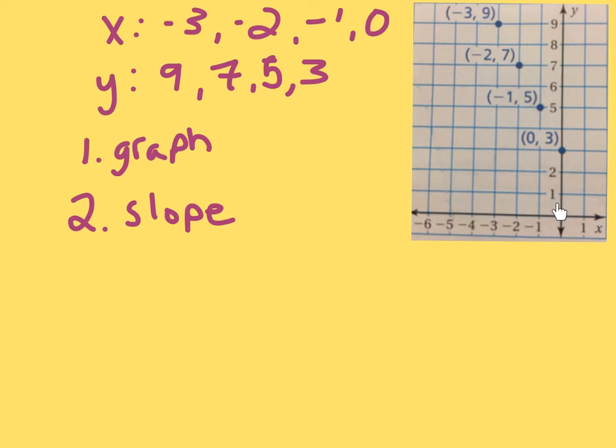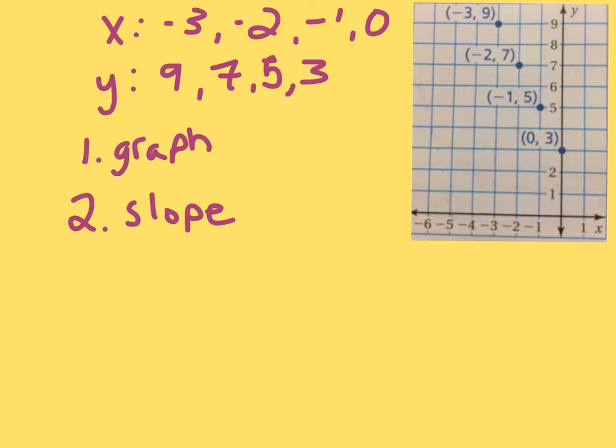And so now I'm just going to pick 2 points. It doesn't matter what 2 points. I'm going to choose this point here and this point here. Remember that slope is rise over run. So how do I get from this point to this point working left to right? Well, for the rise, I have to go down 1, 2.